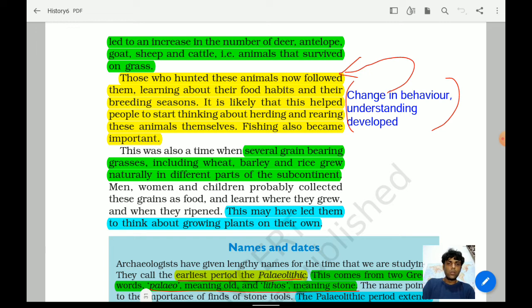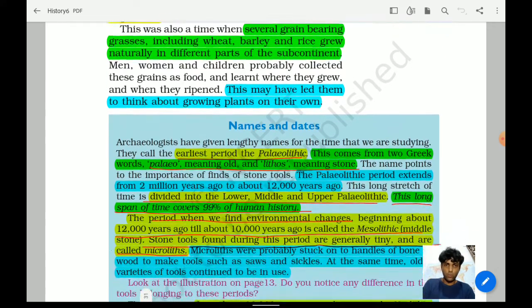Okay, so they must have also started farming, right? We have already understood in what parts of India or the world wheat or barley were first grown. So this may have led them to think about growing plants on their own.